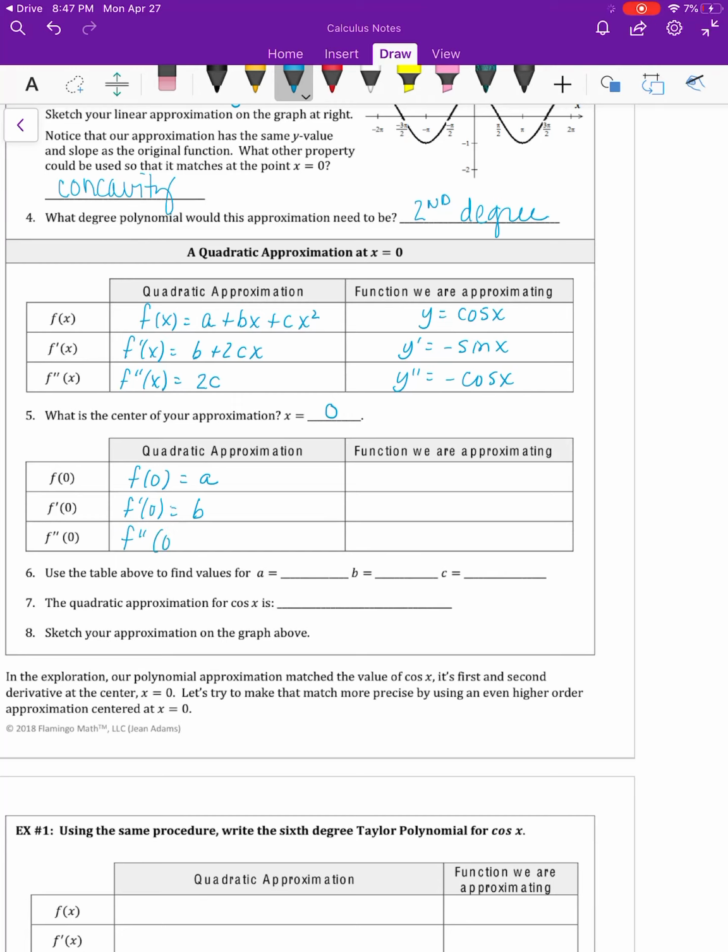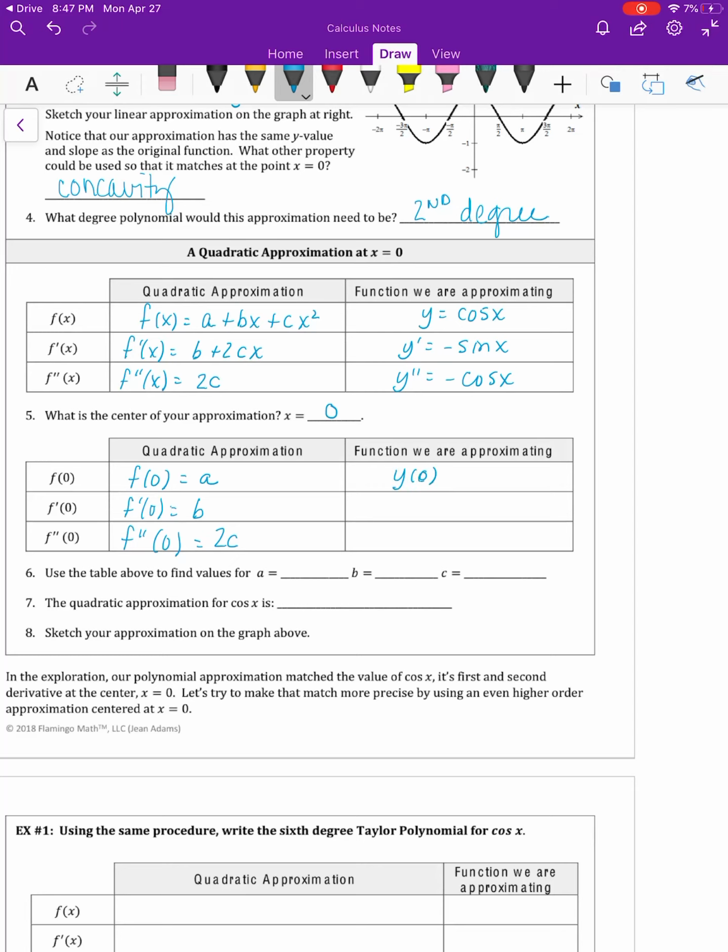All I'm left with is b. And then the second derivative at 0. Well, I don't have any x's, right? I'm supposed to put 0 in for x. I don't have any x's, so it's just going to be 2c. So be careful on that. It's easy to make a mistake and put it in for c, but we're putting it in for x.